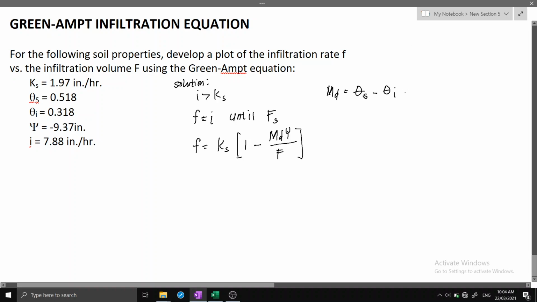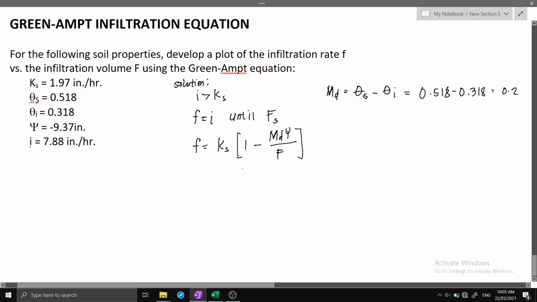So this is equal to 0.518 minus 0.318. So this is equal to 0.2. So meaning our moisture deficit is equal to 0.2. Ibig sabihin, yan pa yung moisture content na dapat i-increase para ma-reach yung saturated moisture content ng ating soil.